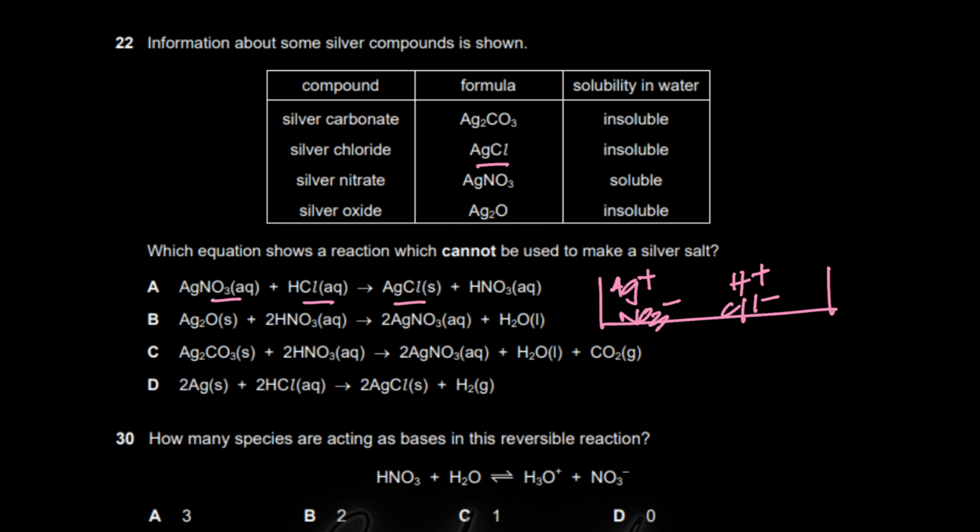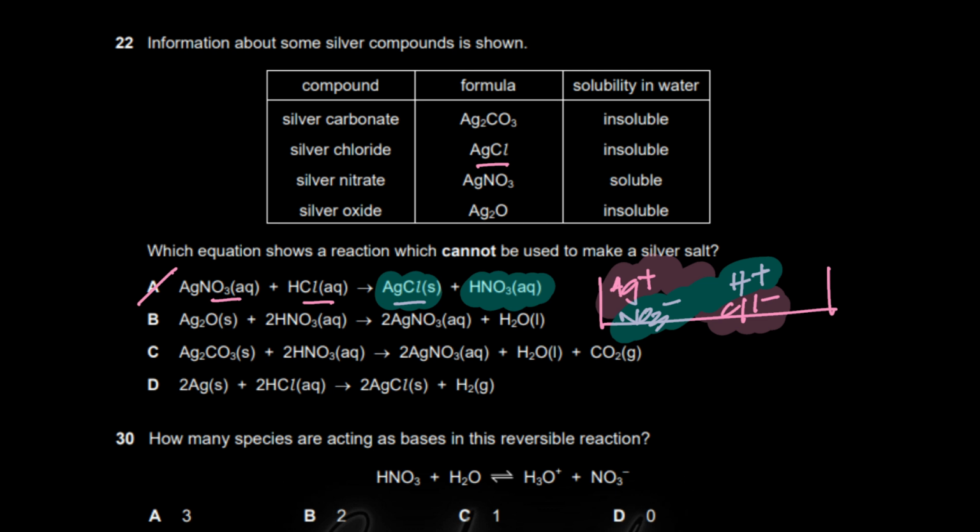All these ions come into contact with each other, and when the silver ion meets the chloride ion, they precipitate together to give a white solid, and HNO3 is left behind in the solution as aqueous. So that's the correct reaction for making silver chloride. That's why A is wrong, because he's asking which of these reactions is not correct.